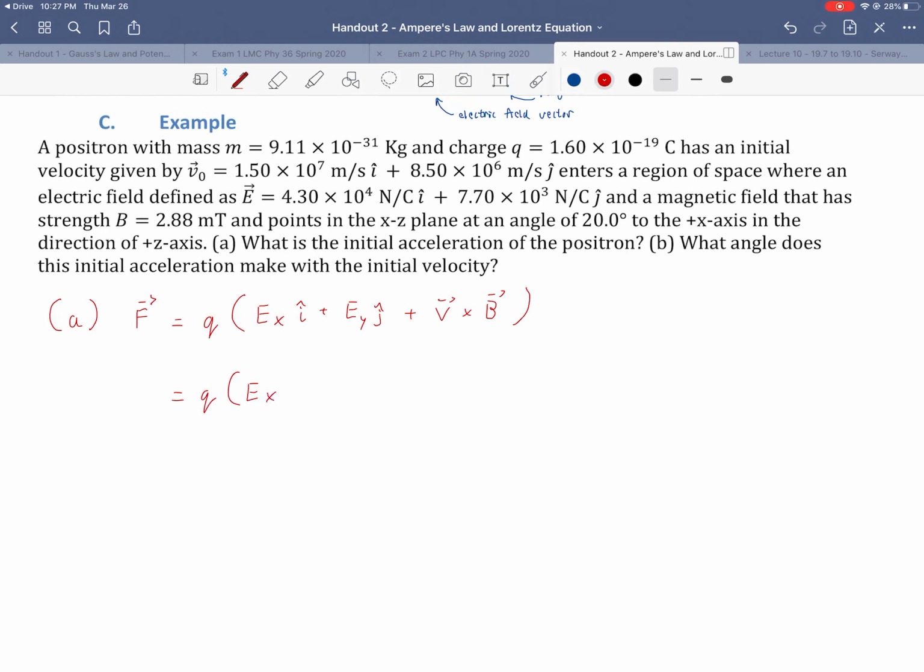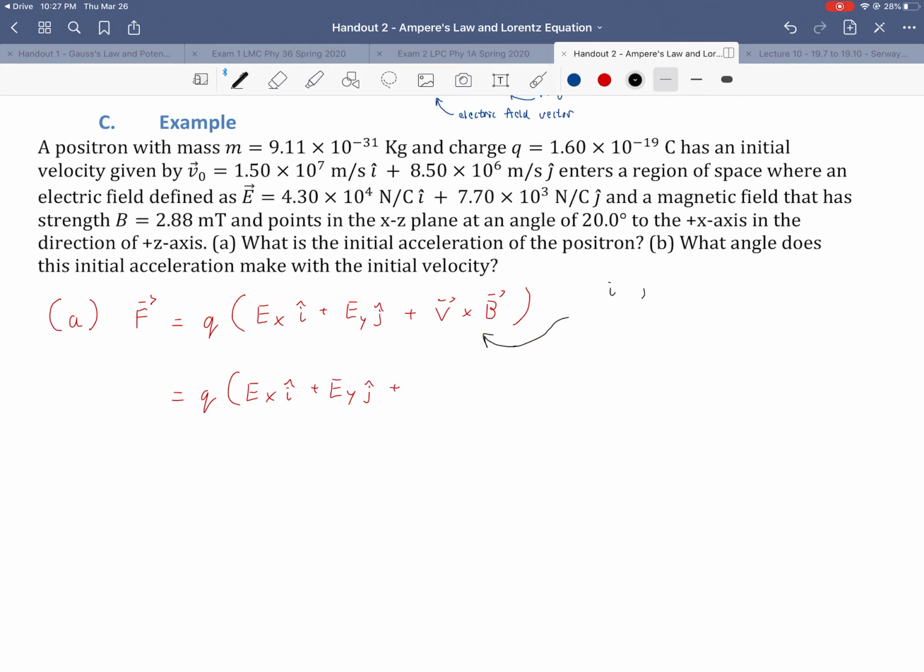So we have Q, and so Ex i plus Ey j. All right, and so what is this going to look like? So the overall cross product is, let's make a little note that'll be a helpful reminder for me as well.